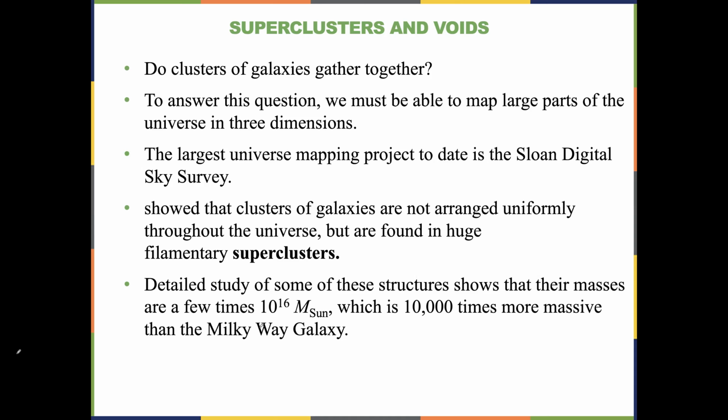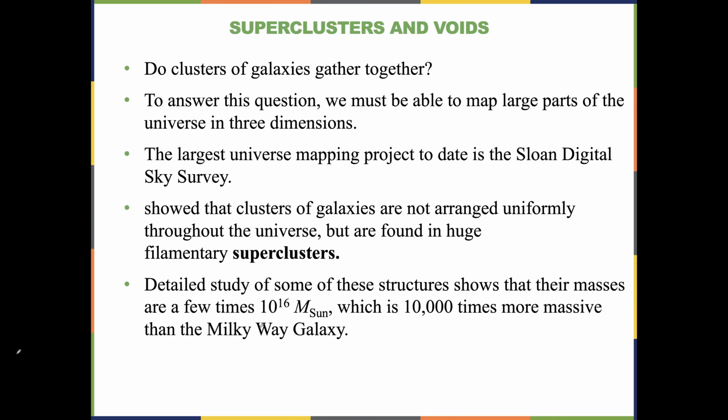To answer this question, we must be able to map a large part of the universe in 3 dimensions. If you need to look at larger structures, you have to observe a huge part of the universe in 3 dimensions to see how these galaxies are distributed.